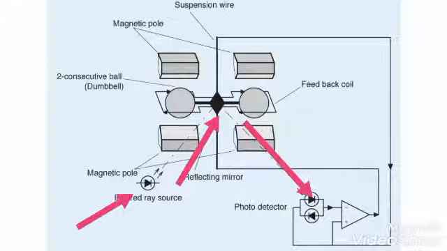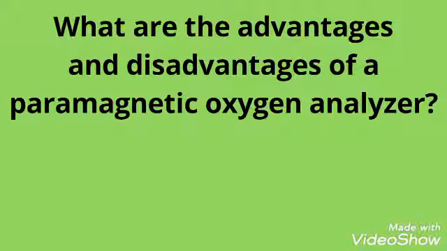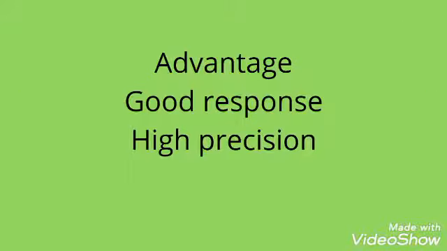Here you can see these rays are reflected by this mirror, and it will produce a current to maintain the dumbbell position.